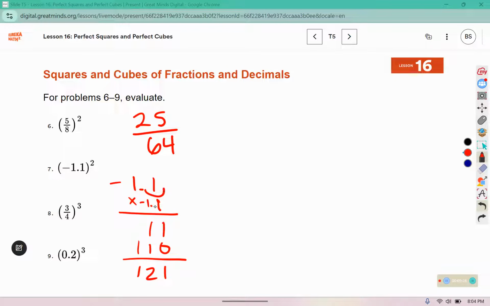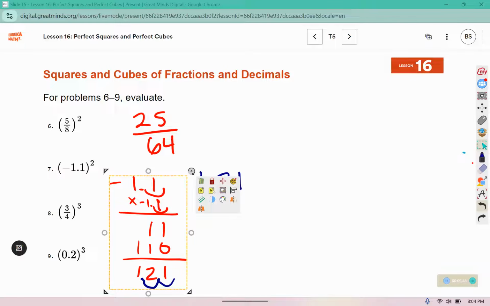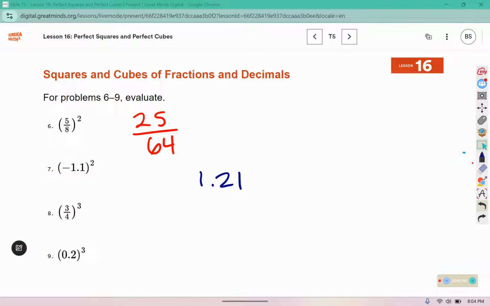We have 2 decimal places in the question, so we need 2 decimal spots in our answer. A negative times a negative makes a positive, so this is positive 1.21. We also know that 11 times 11 is 121, so 1.1 times 1.1 would be 1.21 instead of 121.